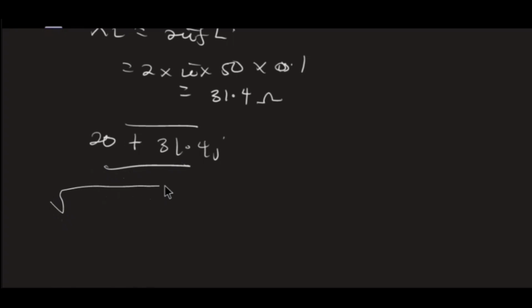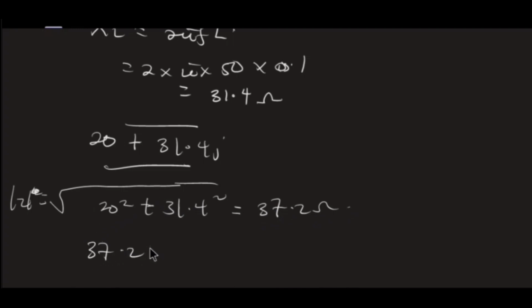So the magnitude of the impedance becomes the square root of 20 squared plus 31.4 squared, and that is going to give me 37.2 ohm. So in my polar form, I have 37.2 ohm.